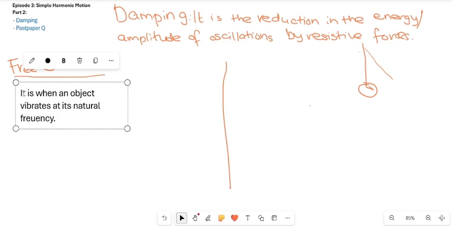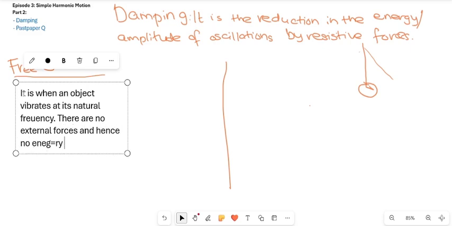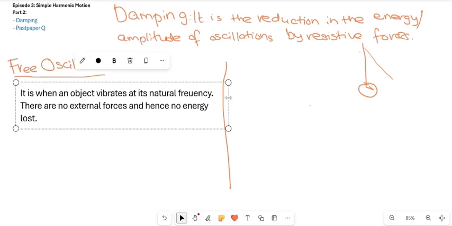You just see the word free and that means there are no external forces and hence no energy loss. This is only possible in a vacuum. If you have a pendulum in a vacuum, there are no resistive forces in that, so it will never come to a stop. That is what it means. It will keep oscillating until you take it out from the vacuum.